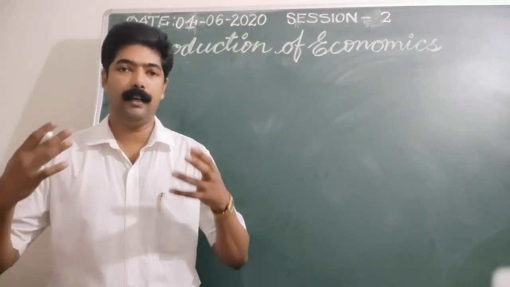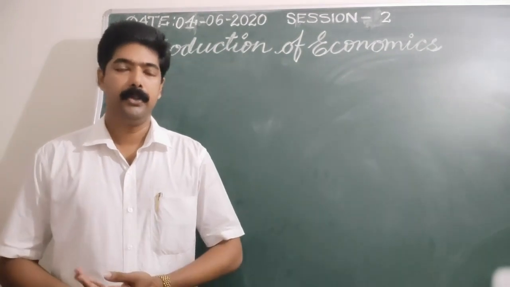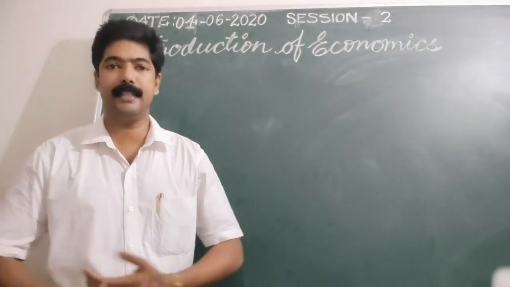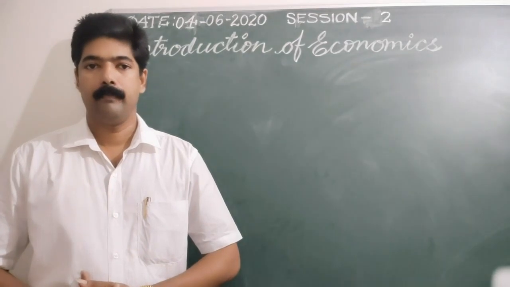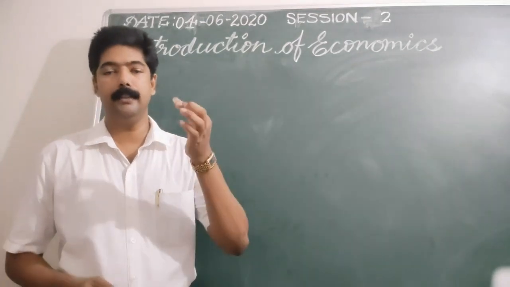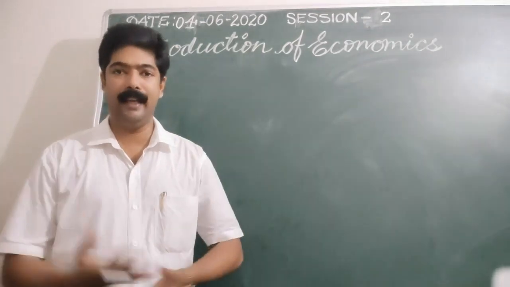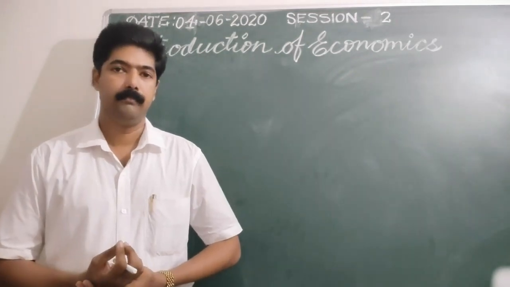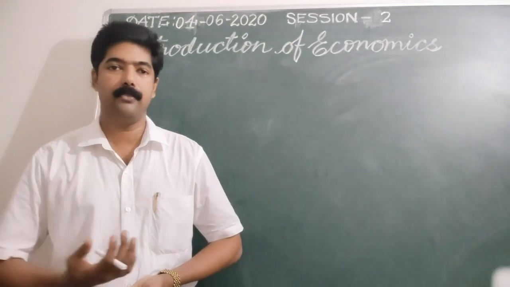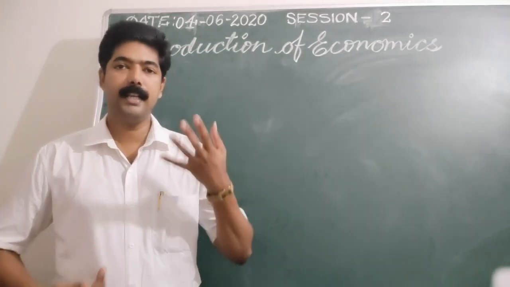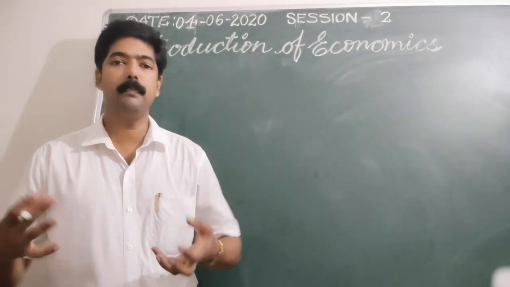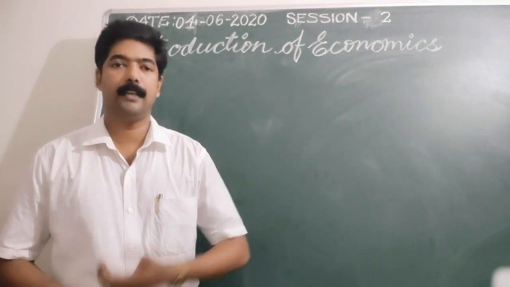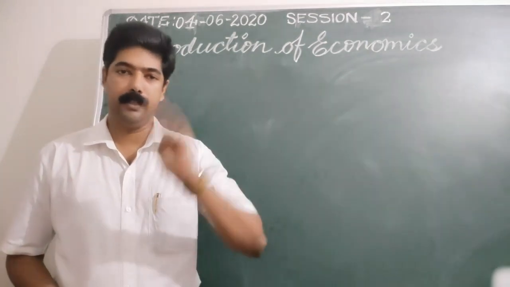As I have told you, you have studied social sciences in class 10. I would like to recollect what is meant by social sciences. It was very clearly said in the last session. Social sciences is a group of subjects that consists of 4 subjects.